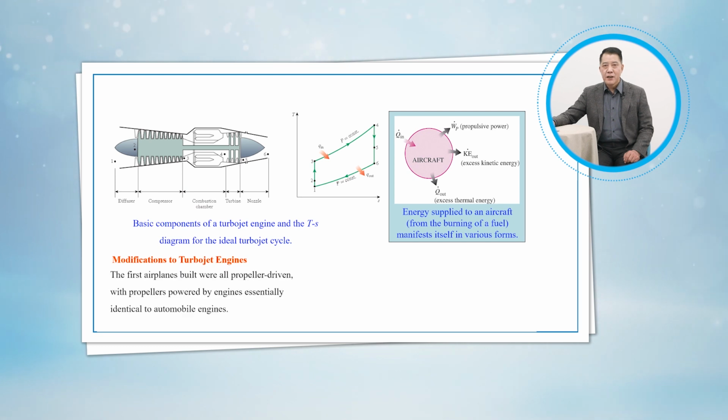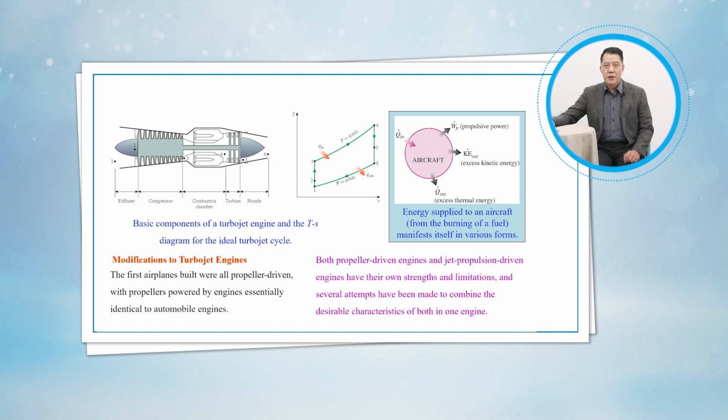The first airplanes built were all propeller-driven, with propellers powered by engines essentially identical to automobile engines. The major breakthrough in commercial aviation occurred with the introduction of the turbojet engine in 1952.